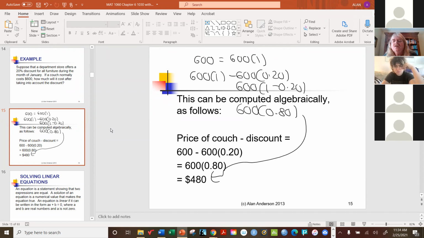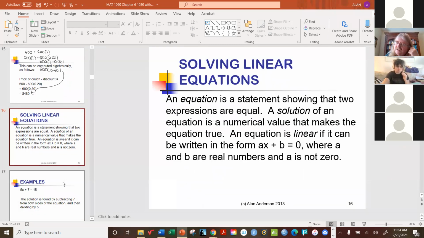Okay, now we're going to move into a new topic called solving linear equations. Now, when you look at that word linear, what word do you notice hiding in there? Line.